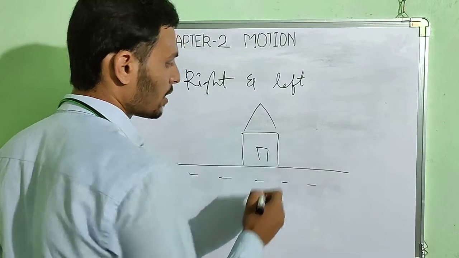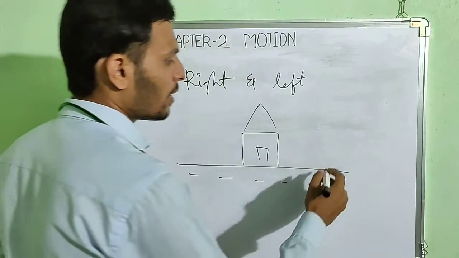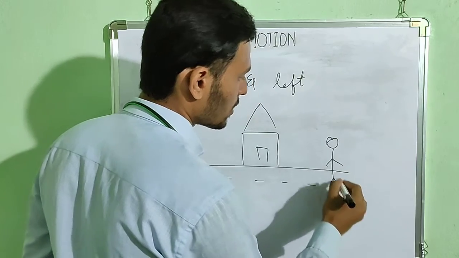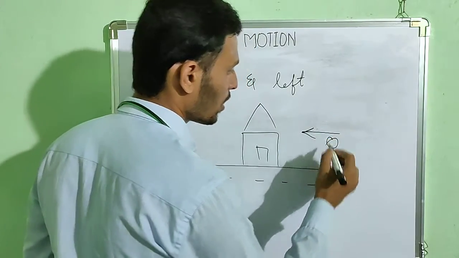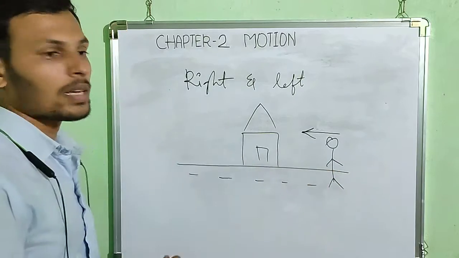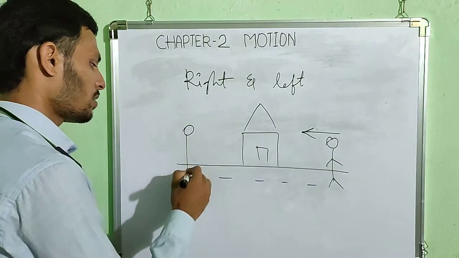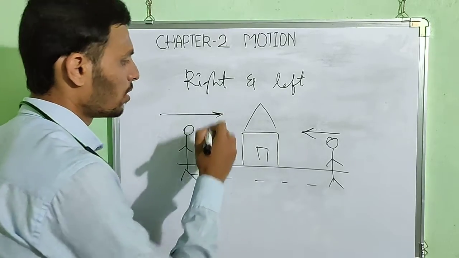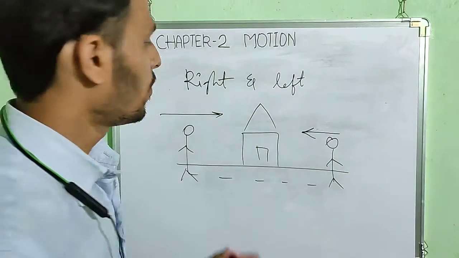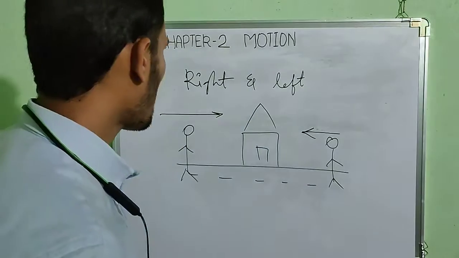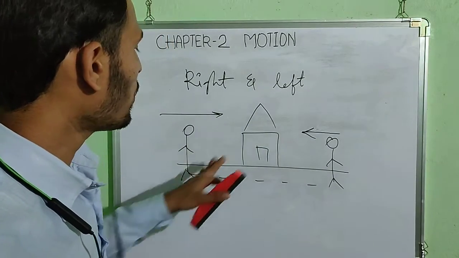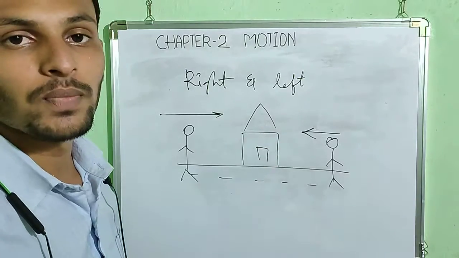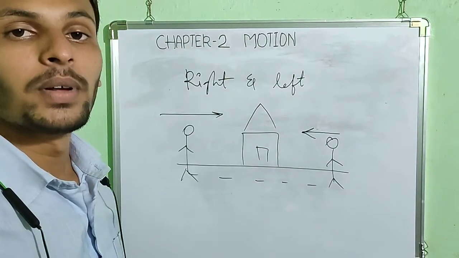Let us consider one of your friends is coming in this direction, walking this way, and another person is moving opposite to him. Now, can you tell which side of the road the house is on?